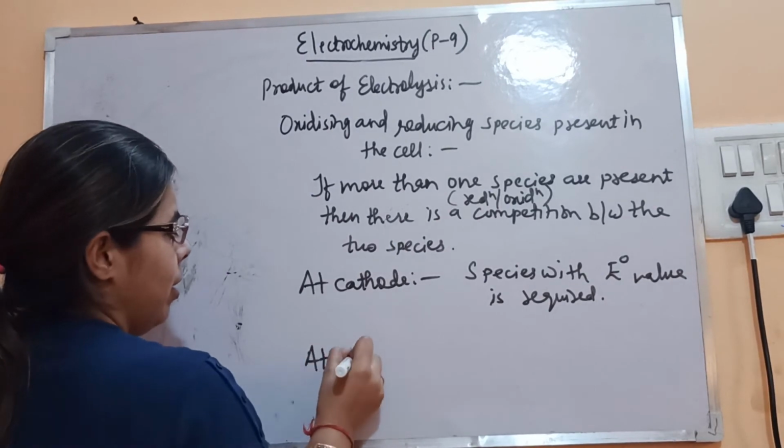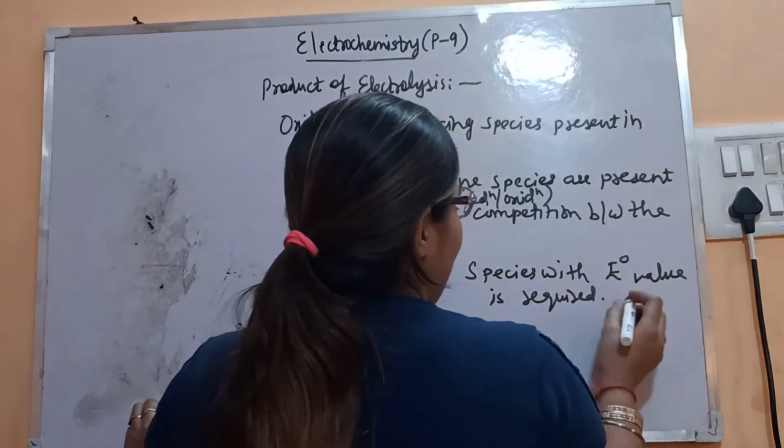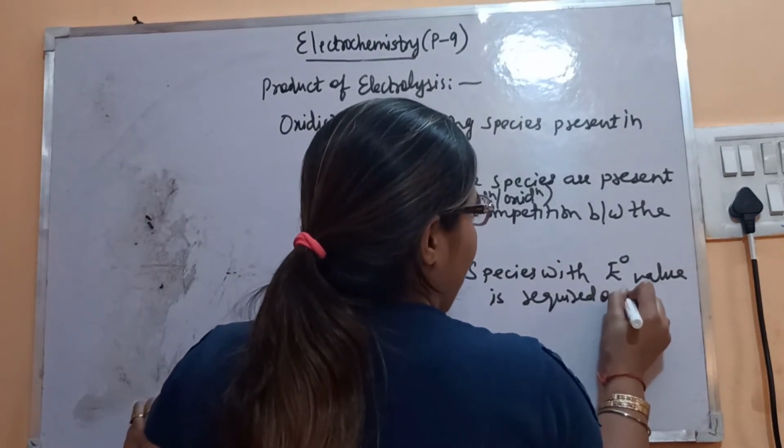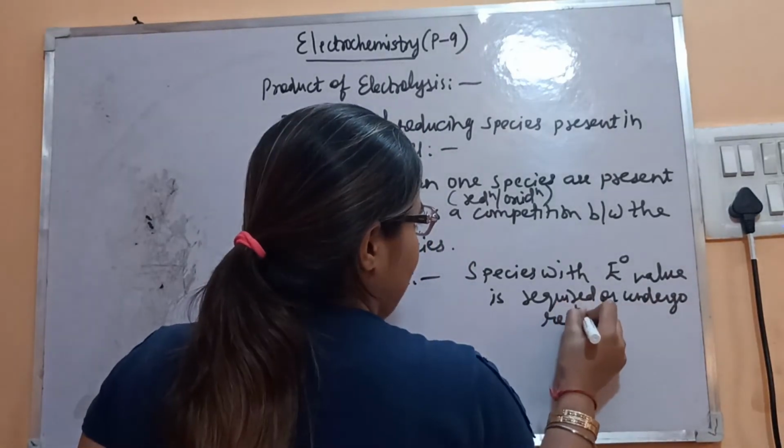At the cathode we know that reduction is taking place, so a species with higher E0 value is required or undergoes the reduction process.